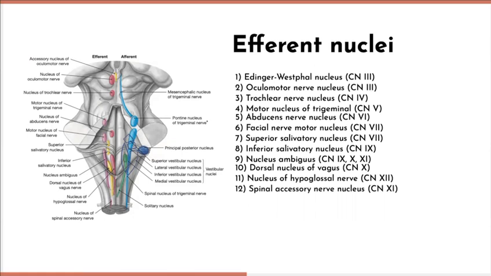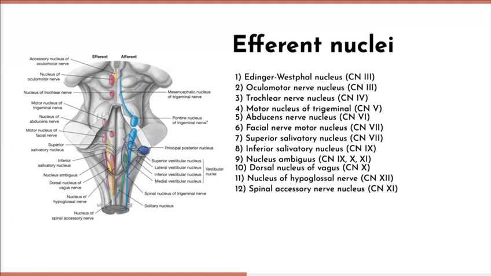These are the glossopharyngeal, the vagus, and the accessory nerves. The glossopharyngeal nerve innervates the pharyngeal muscles. The vagus nerve innervates the laryngeal muscles, and the accessory nerve, as we know, innervates the trapezius and the sternocleidomastoid.